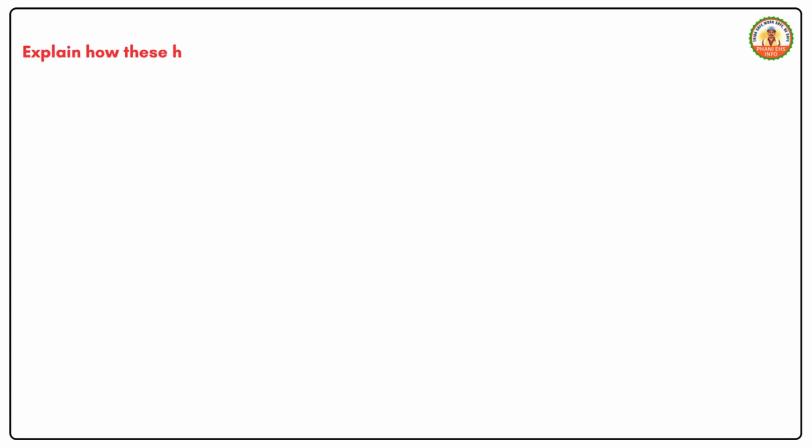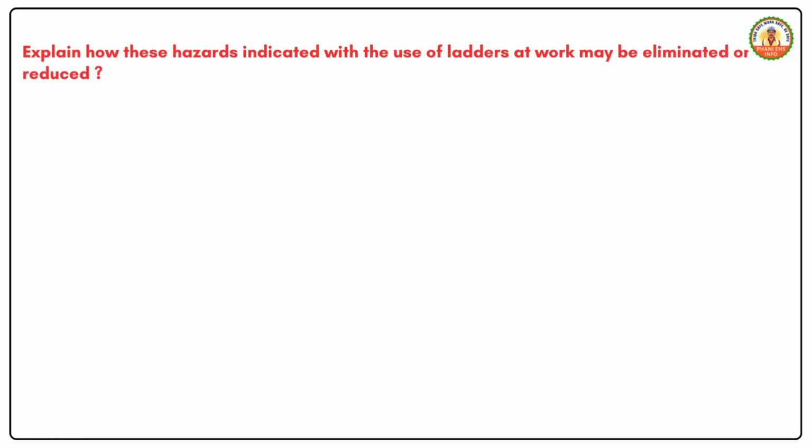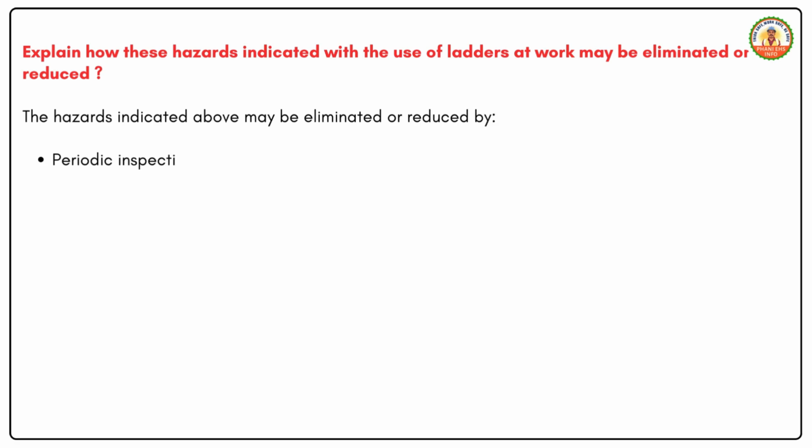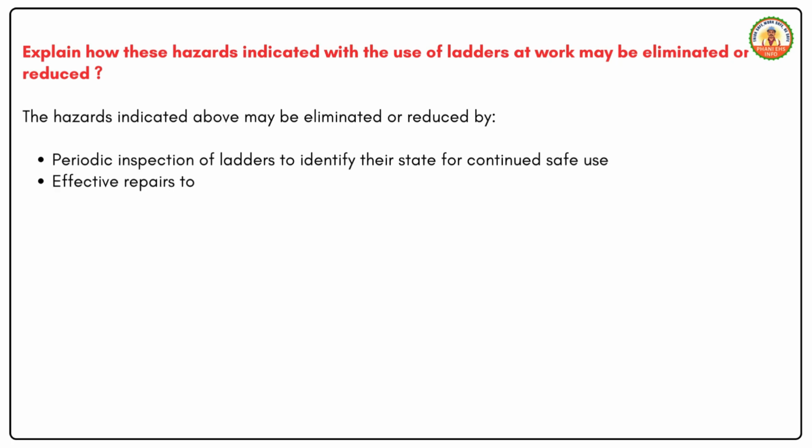Explain how these hazards indicated with the use of ladders at work may be eliminated or reduced. The hazards indicated above may be eliminated or reduced by periodic inspection of ladders to identify their state for continued safe use. Effective repairs to damage to be undertaken by competent persons.